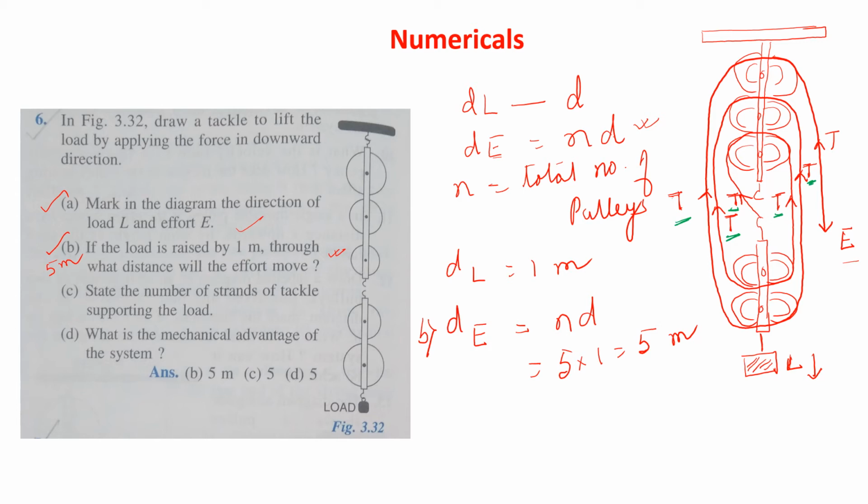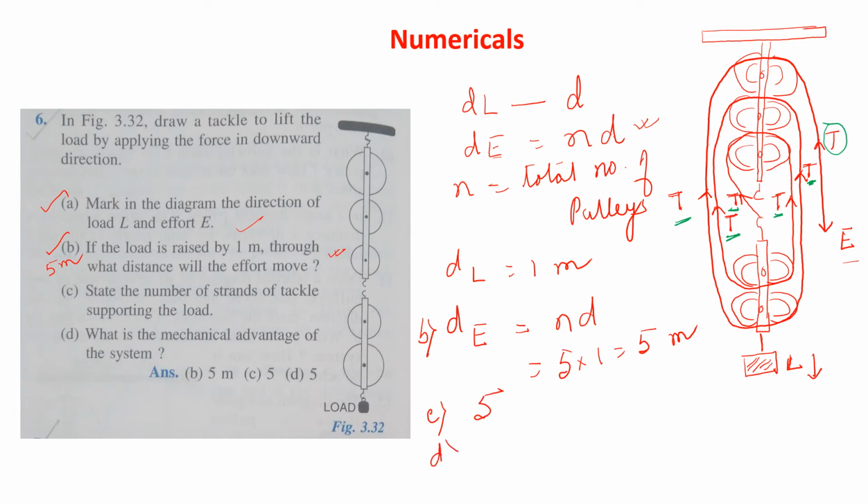It is not supported by this T, not supported by this T. So the answer of part C, the number of strands of the tackle supporting the load, is 5 strands.